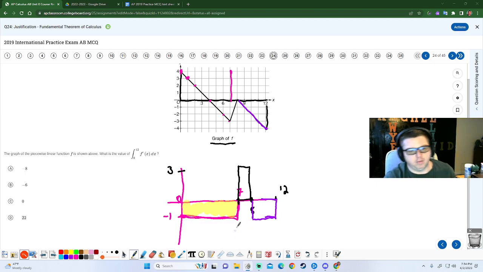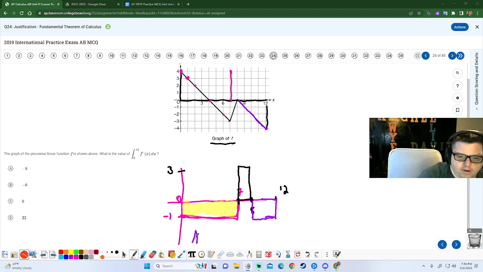Okay, so if I'm looking for areas, I should have area 1, area 2, and area 3. Add these together. So 7 times -1 is going to be -7. From 7 to 8, there's only a 1 between those. If we subtract the difference between them, we get 1.